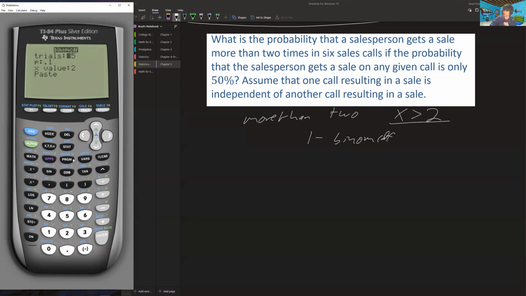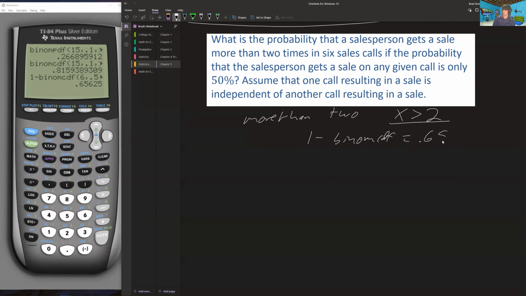I have 6 calls here, probability is 0.5, and 2. 1 minus this probability here is 0.6563, rounded to 4 places.